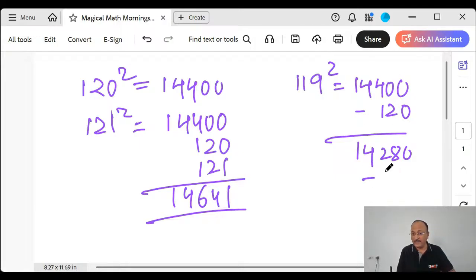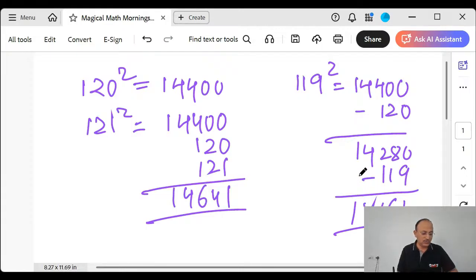Minus 119, the predecessor, we will subtract. 14161.